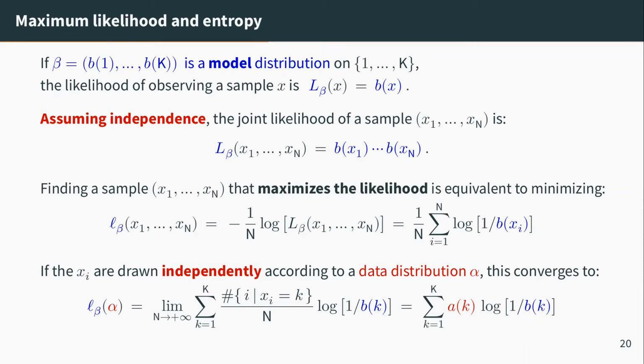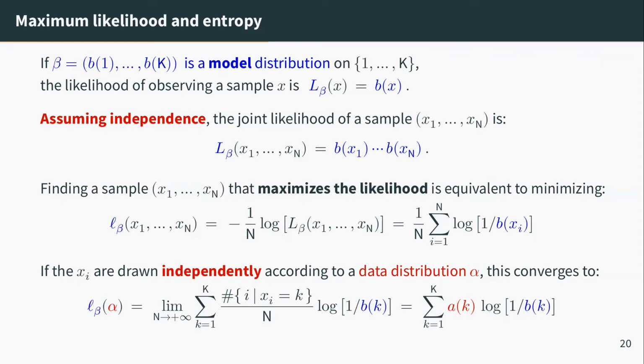So immediately you see that this innocuous looking assumption of independence is very strong. But assuming independence between the different samples, the joint likelihood of a sample x1, x2, up to xn, so the joint likelihood of observing different values, is just the product of the individual likelihoods of any given sample. That's kind of the definition of being independent. So the likelihood according to beta of an n sample x1, ..., xn, is b of x1 times b of x2 up to b of xn.